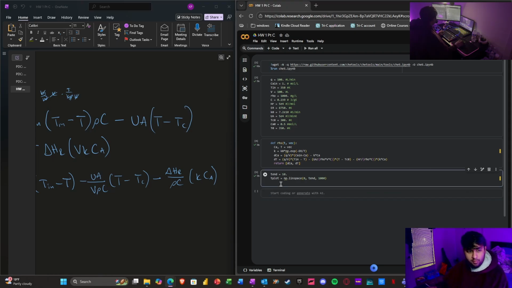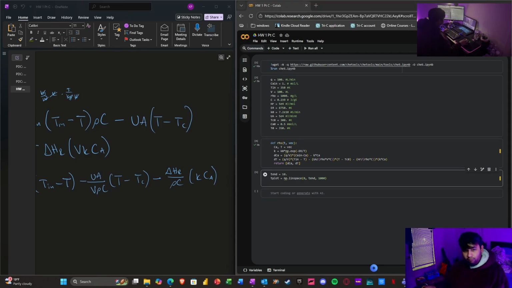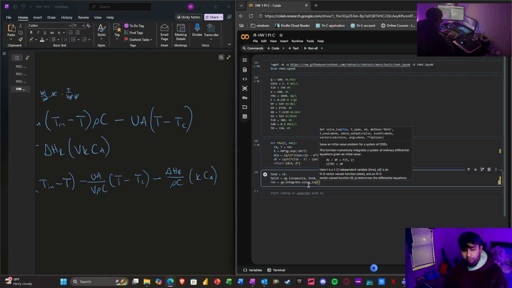Yeah, I believe that's about it. And then we're gonna put in our res equals. Oh yeah, we're gonna use a little bit of a different line as before. So we're using sp.integrate because we also have to let it integrate. So need to change that up a little bit.